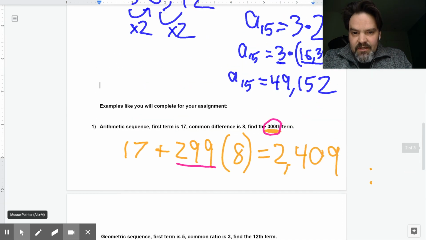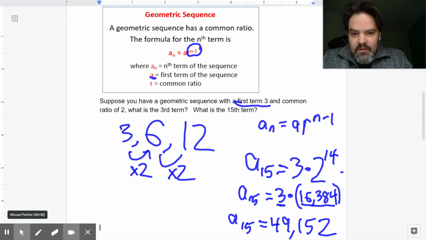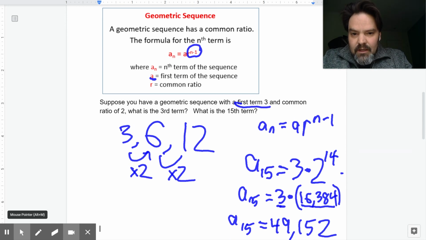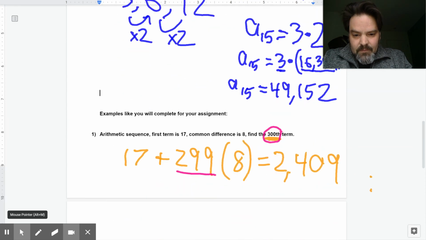The geometric formula, again, I can look it up here. It's going to be the initial term of the sequence times the common ratio raised to the power of n minus 1.